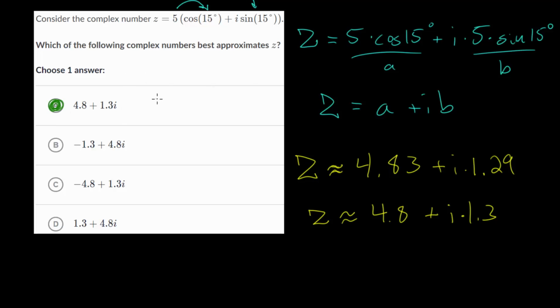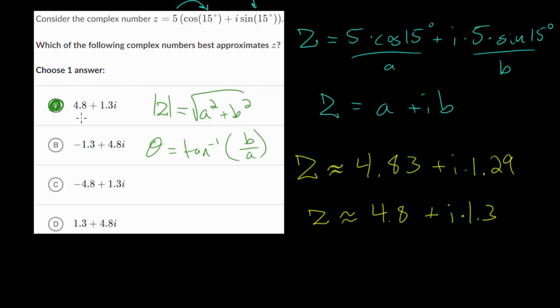And if we want, we can check this using the formulas we know for the magnitude or the modulus of a complex number. This is the square root of the real part squared plus the imaginary part squared. And we know that the angle theta is the inverse tangent of the imaginary part divided by the real part.